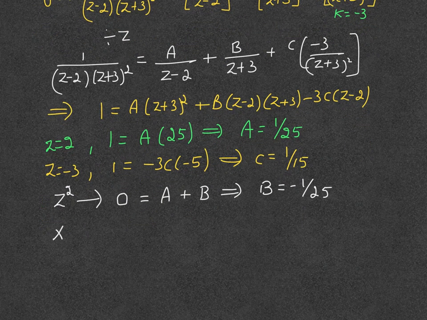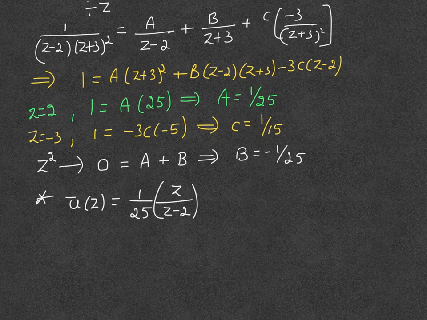Therefore our above equation y bar z becomes, by substituting a, b, c, where a is 1 by 25, z by z minus 2 there. The bracket should not be changed. And b is minus 1 by 25, z by z plus 3.